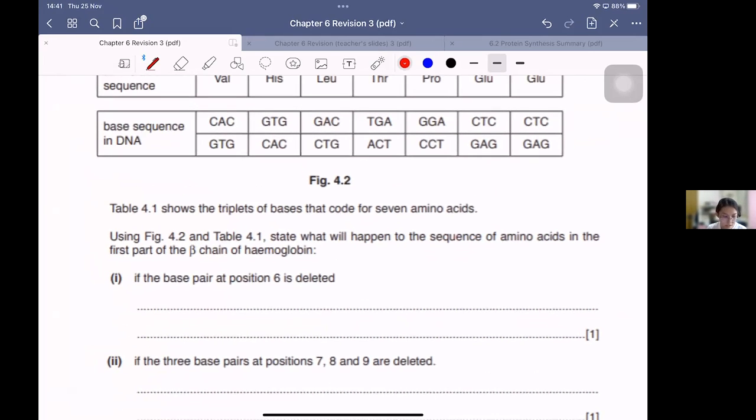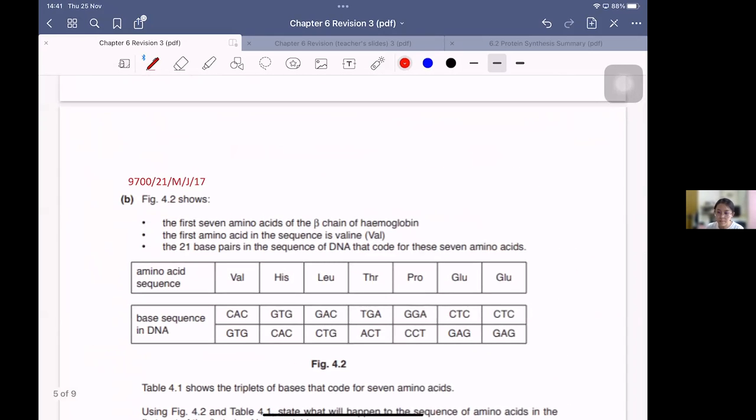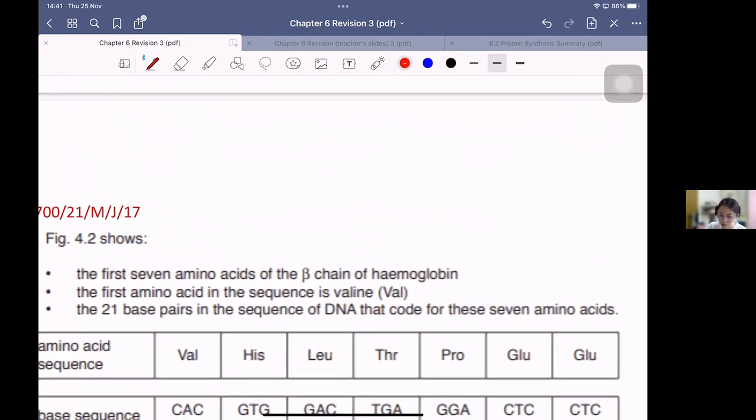This is a question about gene mutation, so let's do a little recap. We've learned that gene mutation can be caused by mistakes during DNA replication.